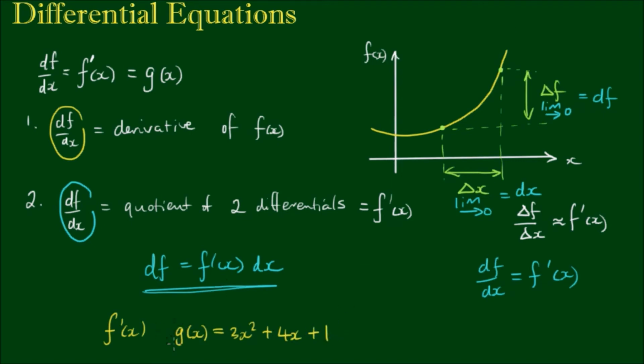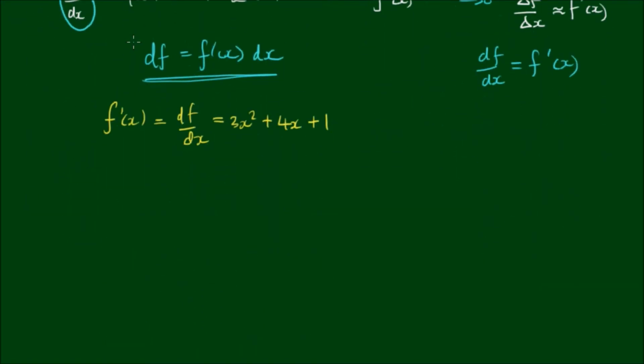Alright, so f prime is equal to 3x squared plus 4x plus 1. We can write f prime as df on dx. And remember what I said about separating the differentials. We can rearrange this equation to df is equal to 3x squared plus 4x plus 1 by dx.